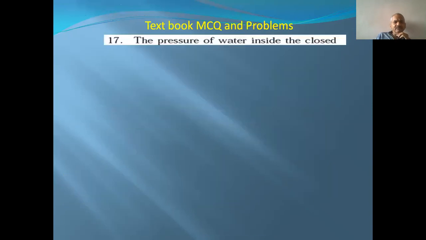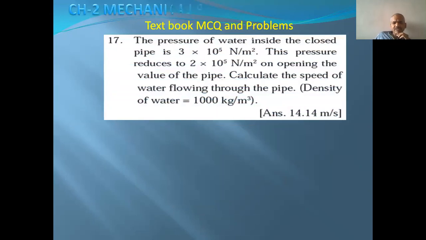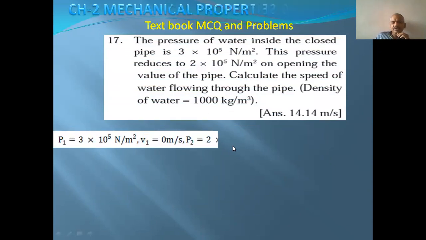Next, the problem number 17. The pressure of water inside the closed pipe is 5 into 10 raised to 5 Newton per meter square. That is P1 is given.